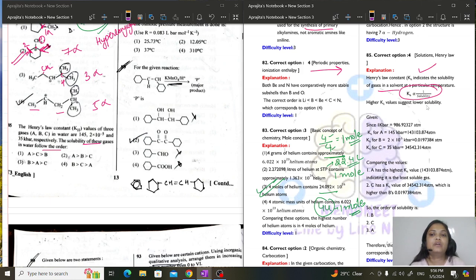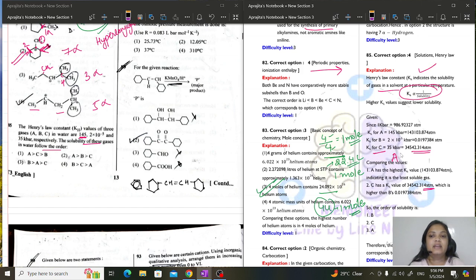Clearly we can see that A has the highest value of Henry law constant, and then it's followed by C. C is 35 kilobar.